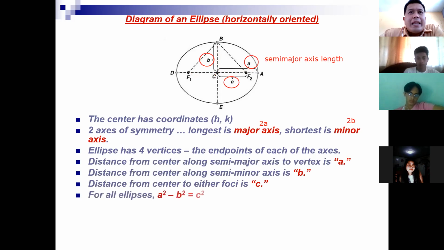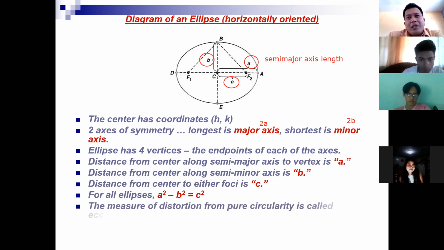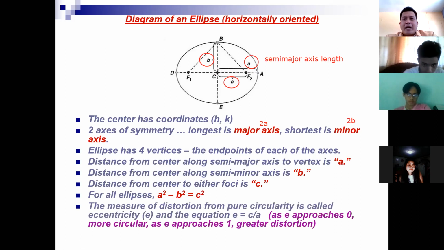Okay. And then for ellipses, we have the relationship. This is the relationship for ellipses, class. A squared minus B squared equals C squared. Notice that between the three values, class, A is the longest of the three values: the A, the B, and the C. So we can apply the Pythagorean theorem's formula here, class.